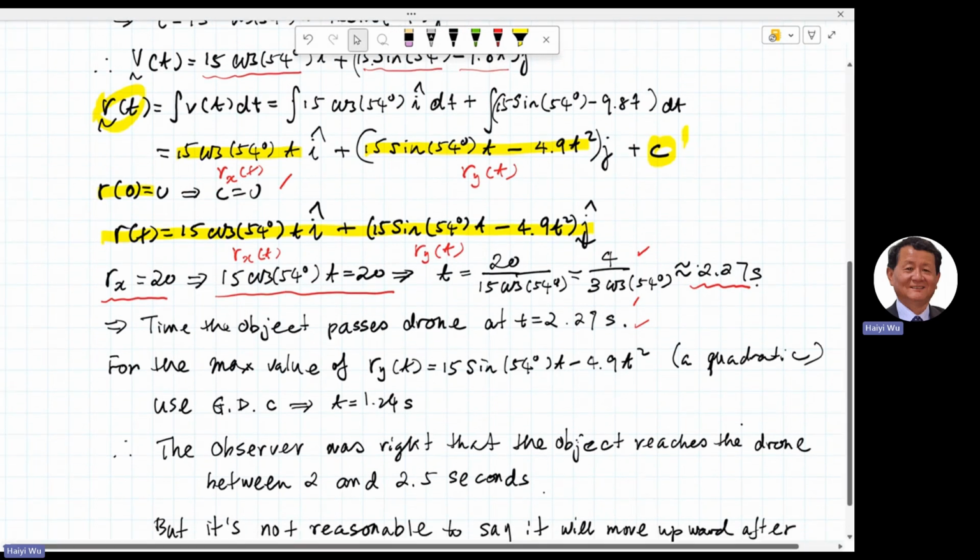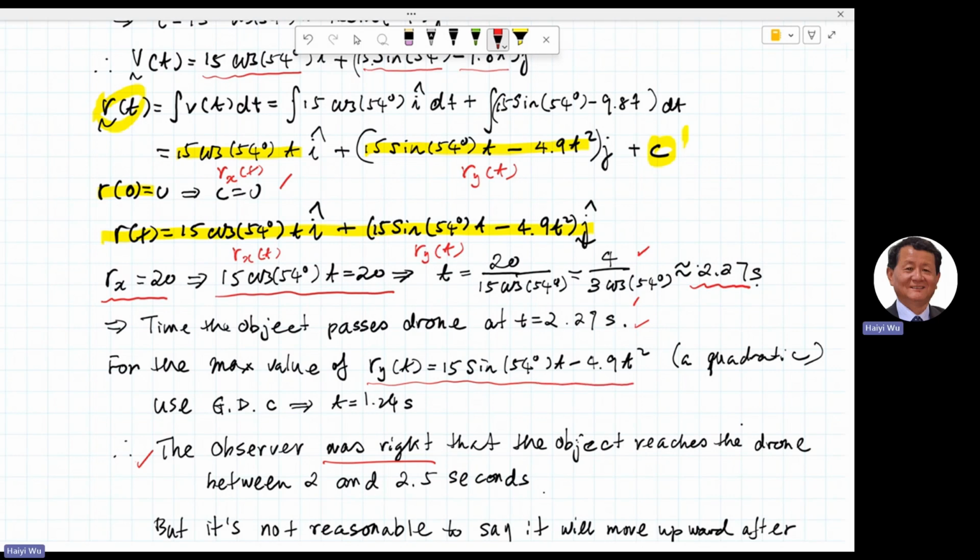So the first observation was correct, because 2.27 is between 2 and 2.5 seconds. However, let's see if the object, after passing the drone at 2.27 seconds, still continues to move upwards or not. We can solve for the maximum value of the y component, to see how high the object can reach.